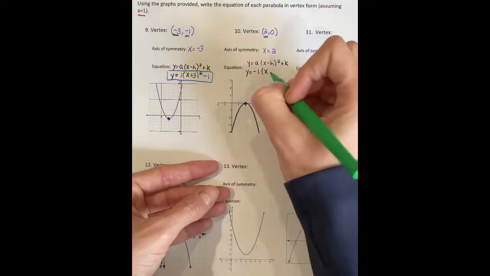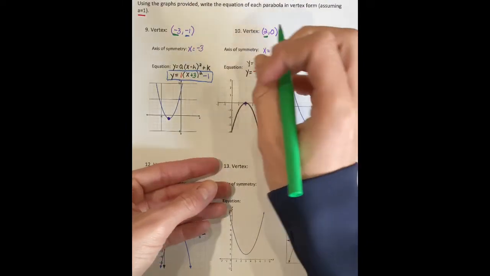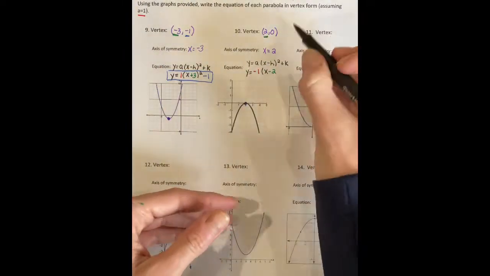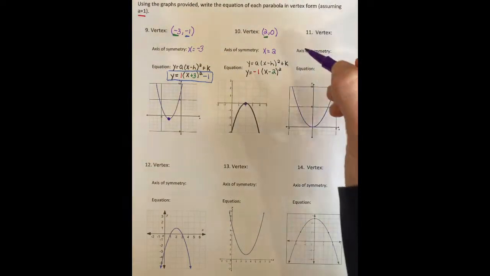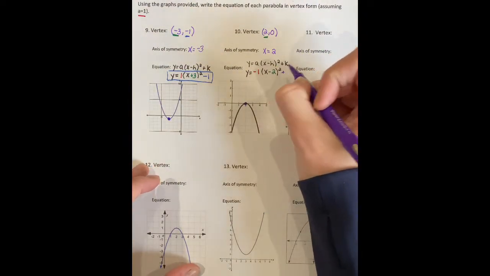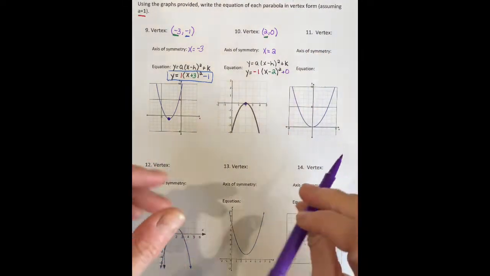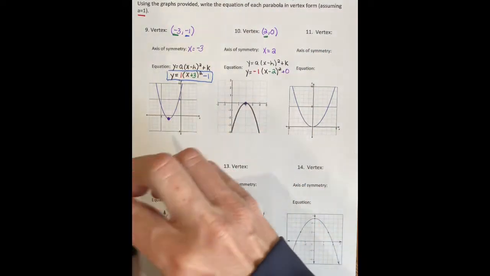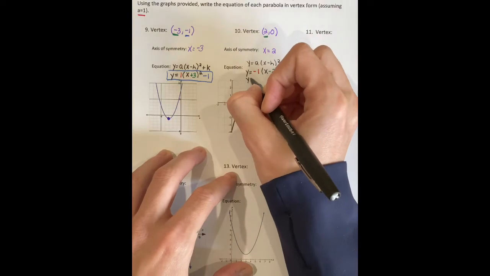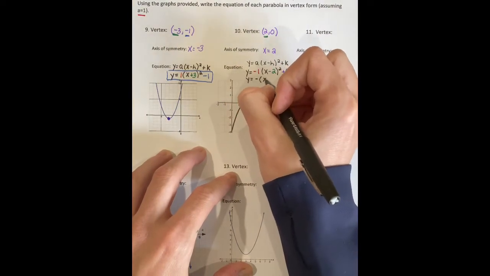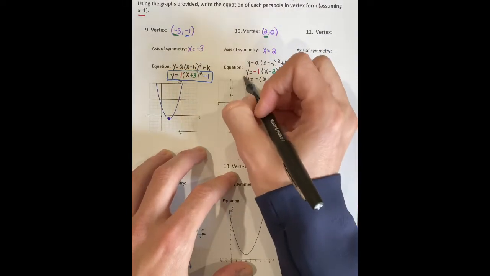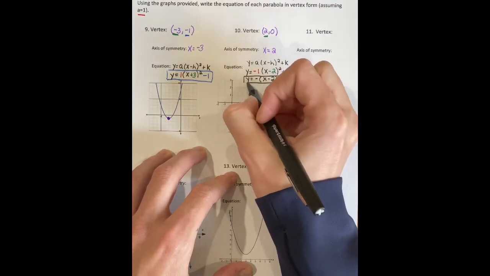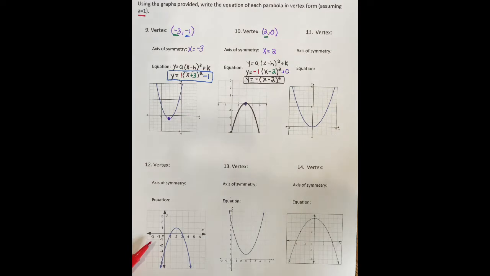So instead of a +2, it becomes a -2, squared. And plus k would just be +0. So then we could even simplify that to y equals -(x minus 2) squared. You don't even need that +0.